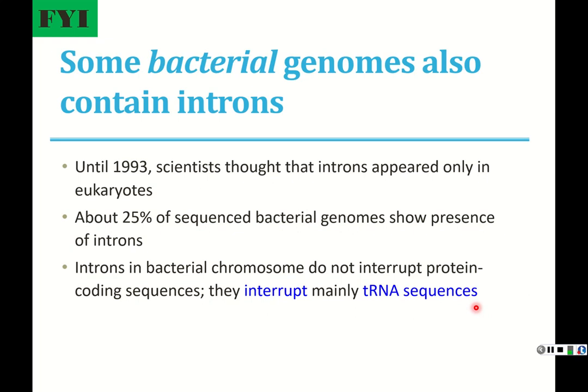It has been determined fairly recently that bacterial genomes can also have introns. Not something we're going to be discussing in this class specifically, but just for your information, they do also contain some introns.